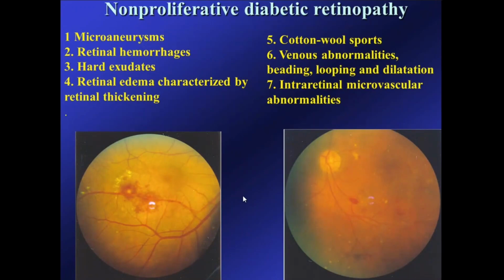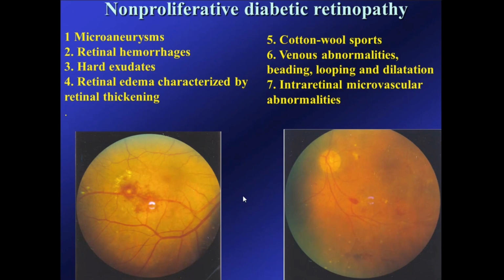Non-proliferative diabetic retinopathy is characterized by microaneurysms, retinal hemorrhages, hard exudates, retinal edema, cotton wool spots, venous abnormalities, bleeding, looping and dilatation, and intraretinal microvascular abnormalities.